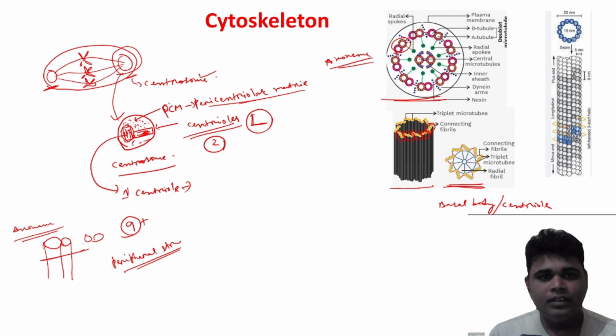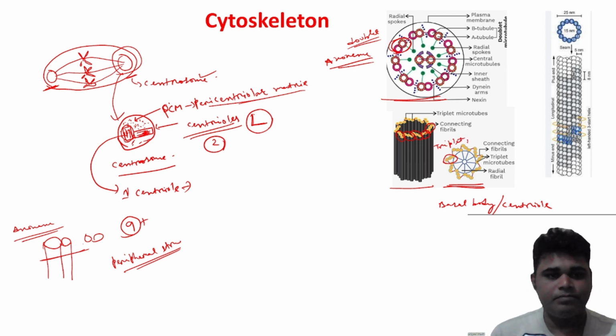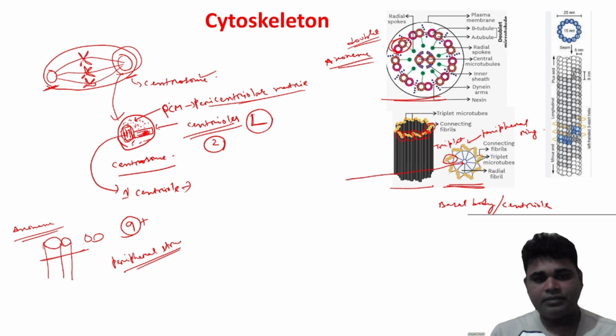In the axoneme the peripheral links are called doublets, two ring structures, but in the basal body they are triplets. This is called the peripheral ring structure, and this middle part is called the central ring structure, or central link. It is also called the hub.